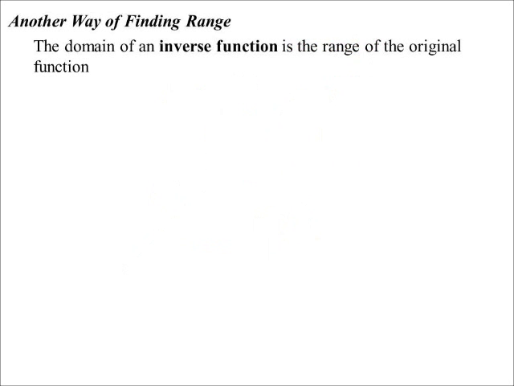So that gives us, I mentioned this the other day, an alternative way of finding range. Because we said the domain of the inverse is the range of the original function. So rather than trying to find the range of the original function, it might be easier to find the domain of the new function.